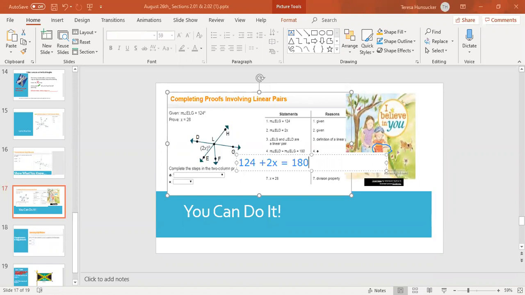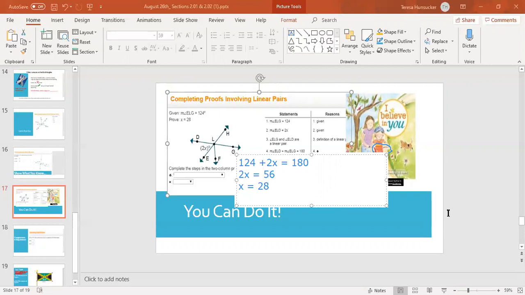If we subtract 124 from 180, we get 2x equals 56. And if you divide by 2, you get 28. So x is 28, okay?